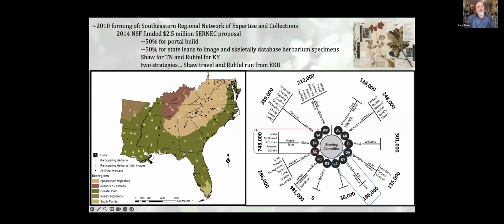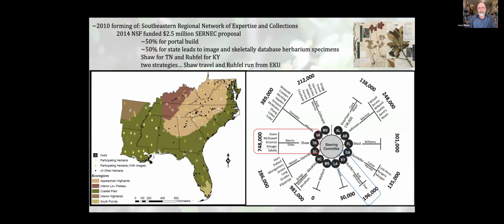Around the same time, in 2010, a whole bunch of us started forming what we named the Southeastern Regional Network of Expertise and Collections, or SERNEC. We submitted several proposals over a few years to try to get National Science Foundation money to digitize the Southeast's herbaria. And in 2014, SERNEC landed a $2.5 million grant from the National Science Foundation.